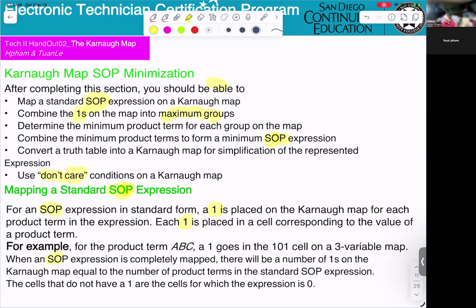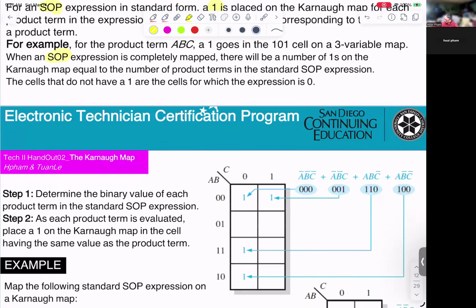When the sum-of-product expression is completely mapped, there will be a number of ones on the K-map equal to the number of product terms in the standard SOP expression. The cells that do not have a 1 are the cells for which the expression is 0.